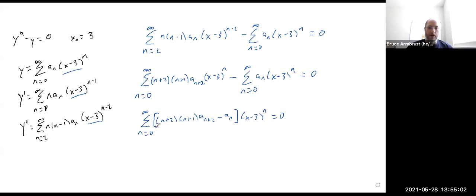And again, like before, we need this to equal 0. So that's going to give me the recursive relationship a sub n plus 2 is going to equal 1 over (n plus 2) times (n plus 1), times a sub n.